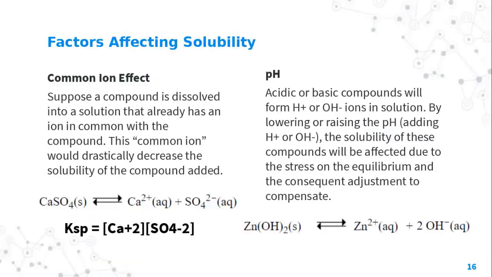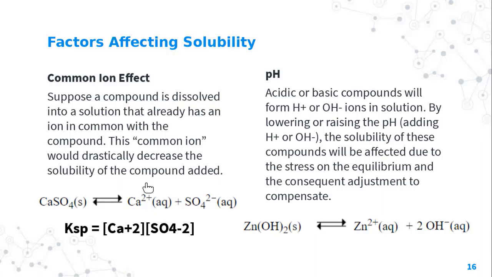Common ion. Okay, so I think I just saw that question. An example of a molecule with a common ion: looking at this previous example, this would be our molecule that we're adding in. Say we have a solution that has something like calcium chloride, CaCl2, already in solution.